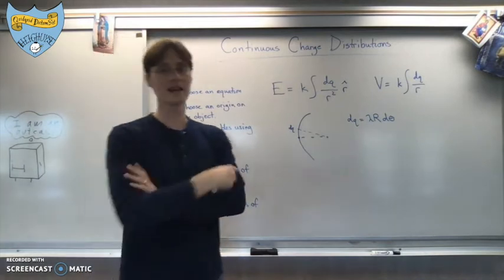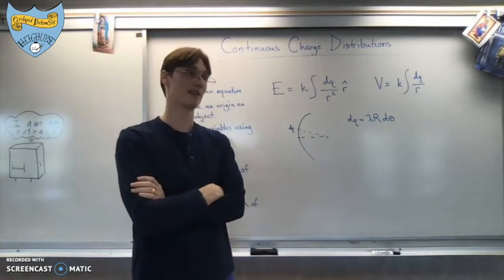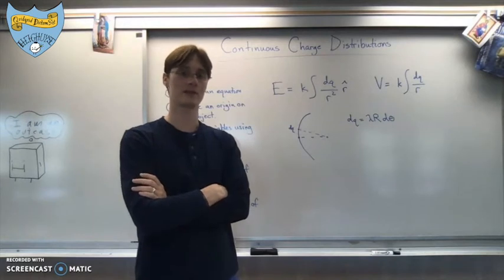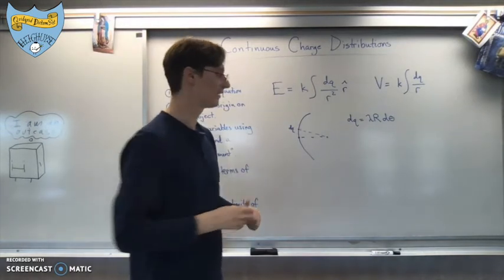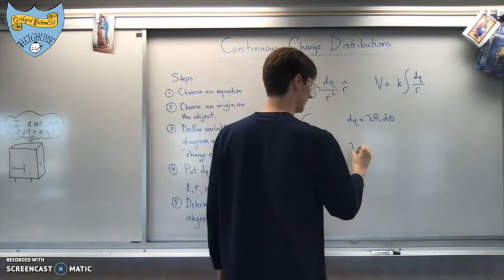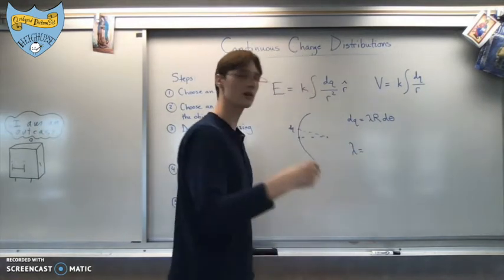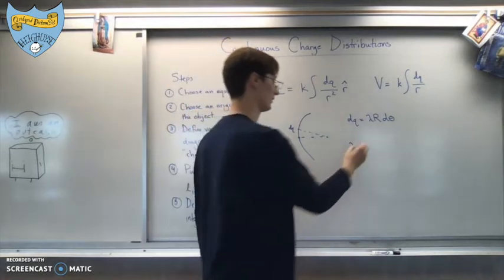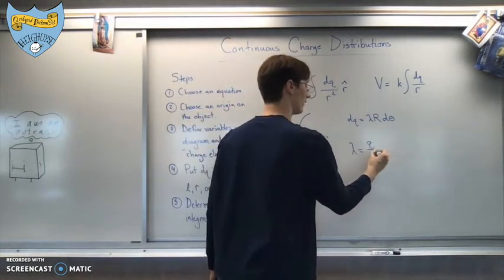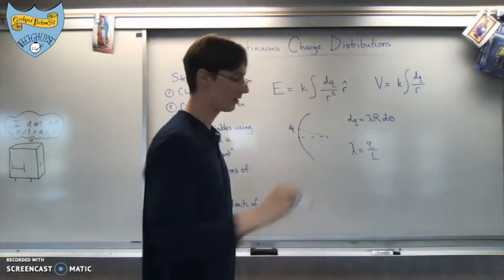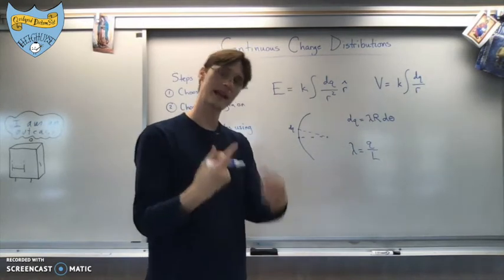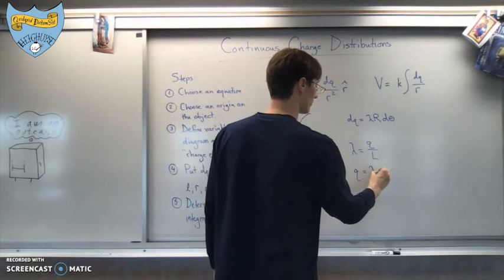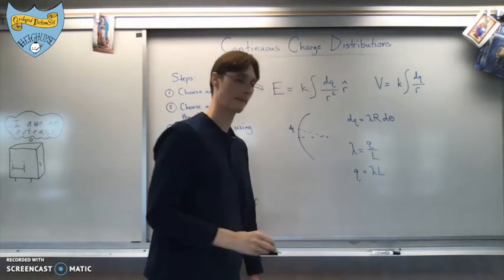All right, now where that's coming from is kind of a throwback to some of the Gauss's law stuff that we did last year. If you recall, lambda is charge divided by length, right? It's called linear charge density. Okay, so it's Q over L.